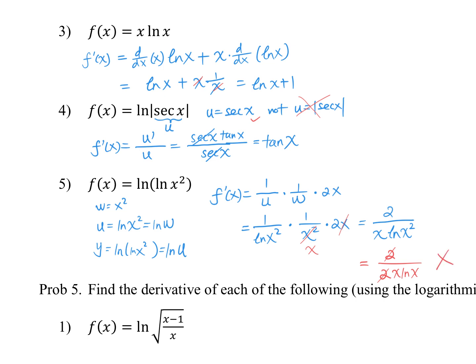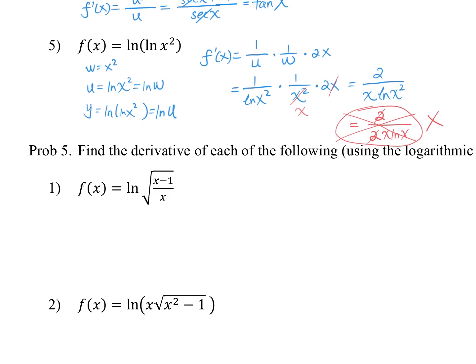Please don't do that. If you do that, here this x can be negative. However, if you write that, this x has to be positive. So they're no longer equivalent actually. Therefore, this should not be done. Now let's continue to the next problem.